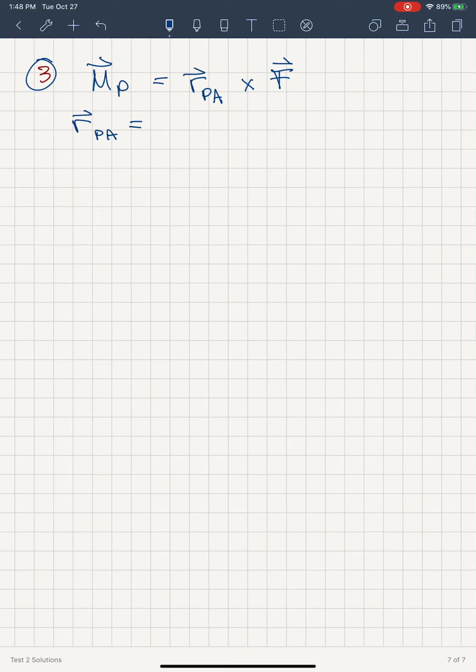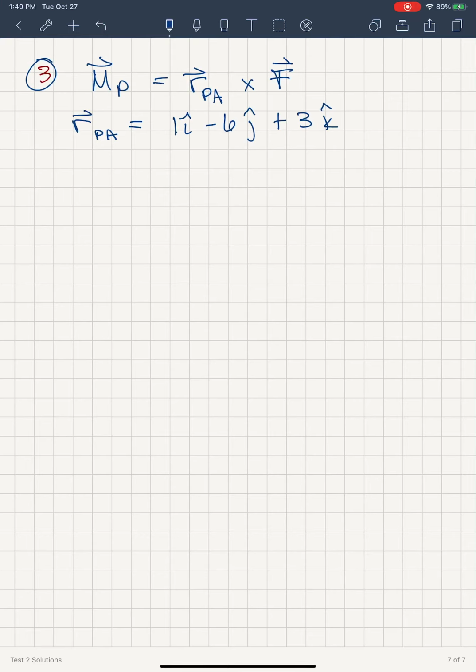Basically we're going to start at P and we need to get over to A. So we need to go 1 meter in the X direction, so 1I. We need to go -6 meters in the Y direction, -6J, and then we need to go up 3 meters in the K direction, plus 3K.